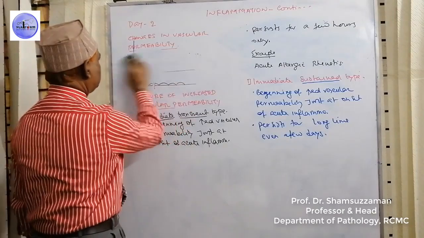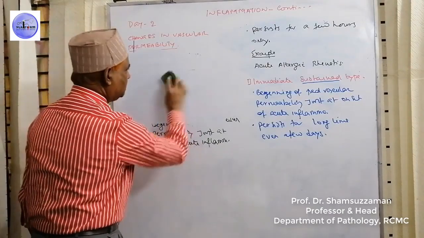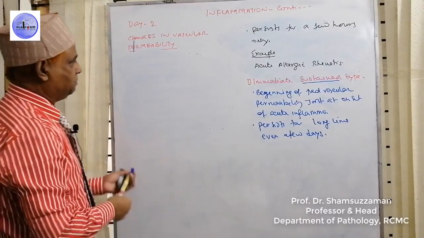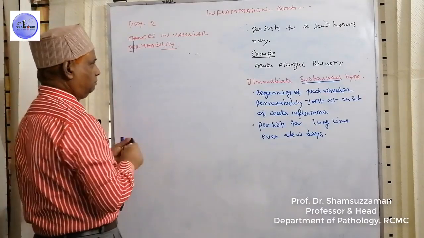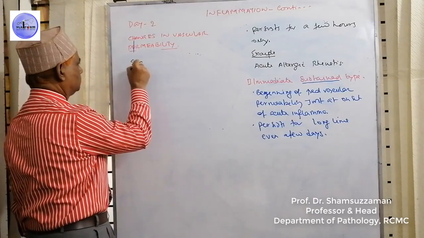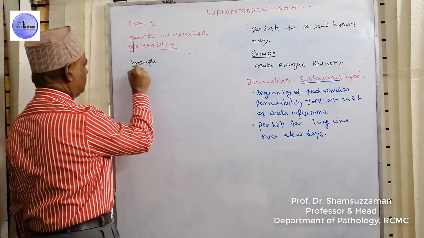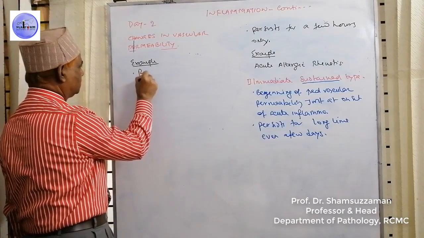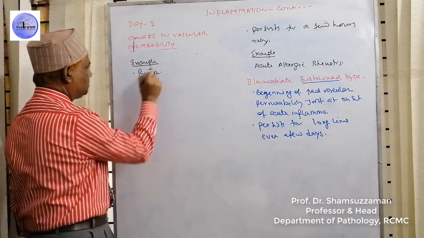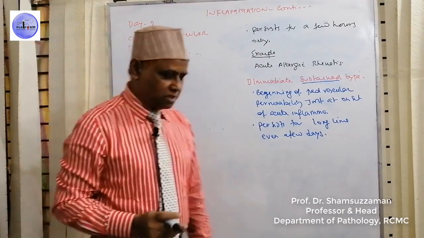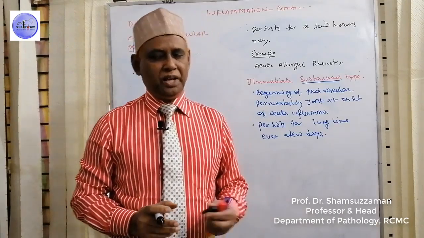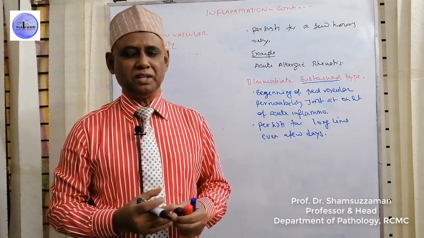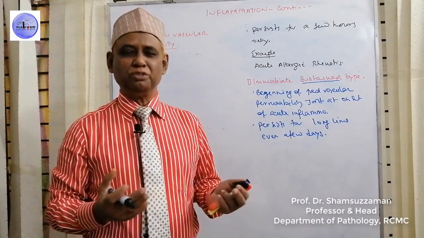Now come to an example of the immediate sustained type of increased vascular permeability. We can cite an example: burn. Dear audience, if anybody suffers from a burn, there is formation of a blister, and within the blister there is fluid. What is the source of fluid?